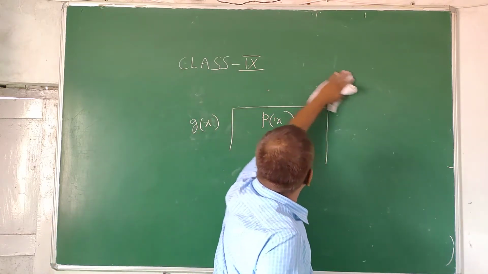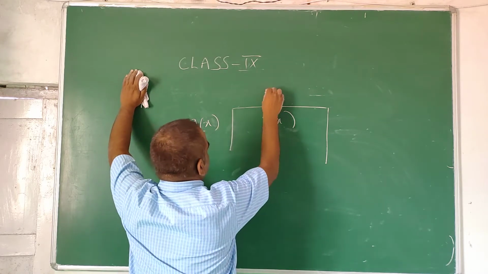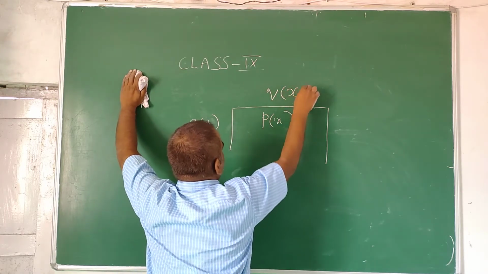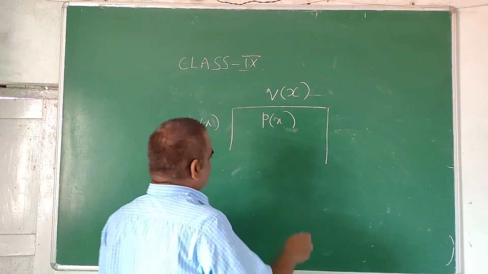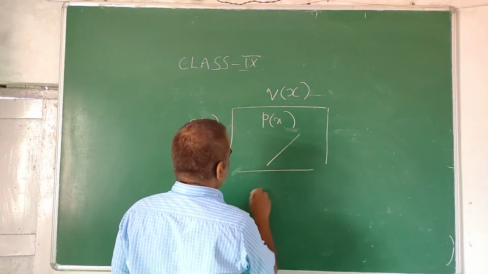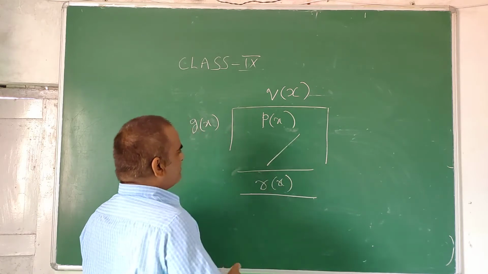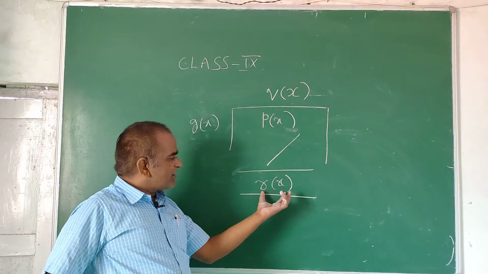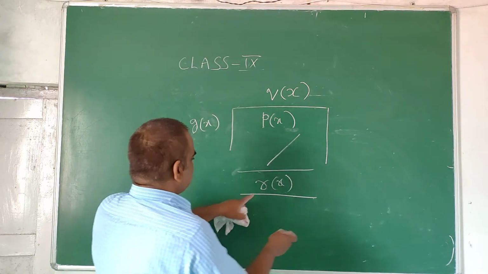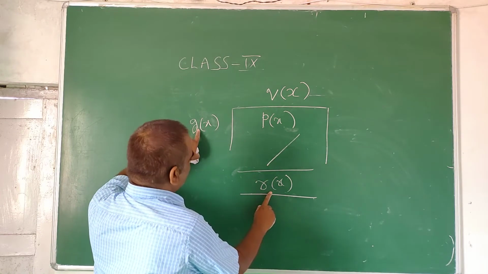Now we have divided p of x with g of x. Then you got the quotient q of x. And in the division process, you got the remainder r of x. And this degree of r of x should be strictly less than degree of g of x.